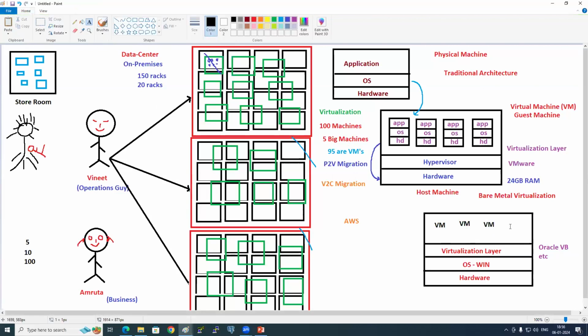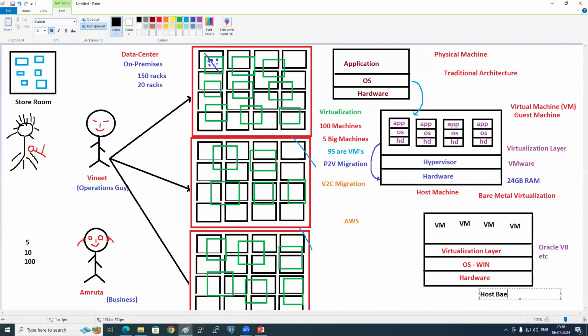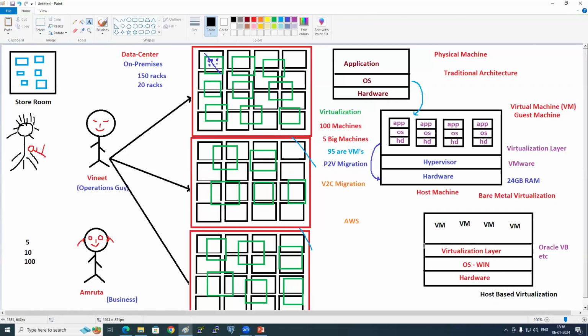In your laptops also, you can create virtual machines. And this is called host-based virtualization. You got this point, everyone? Is this clear, Nana, everyone?